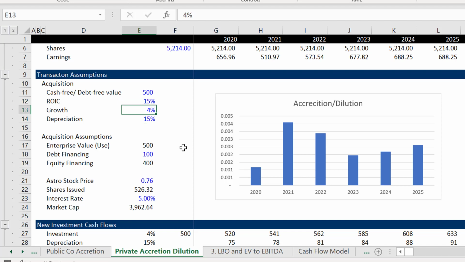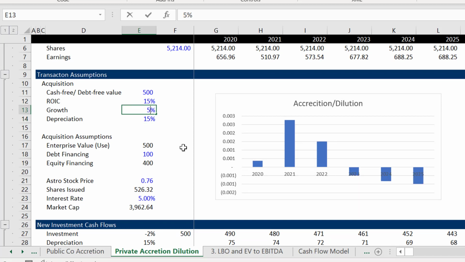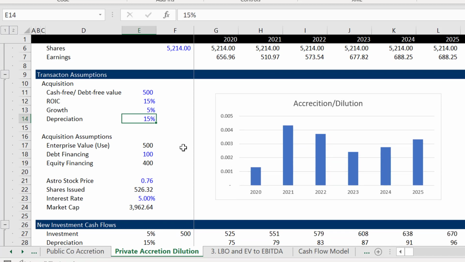And if we have a lower growth rate, then we're going to get a different accretion and dilution. And we can boil our accretion and dilution down to really what the value drivers are. It comes down to this. No matter what kind of analysis we do, it comes down to this.